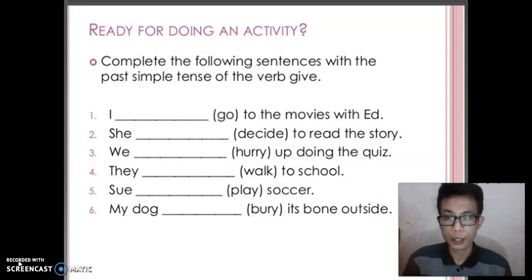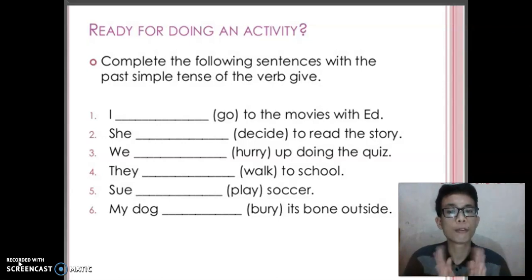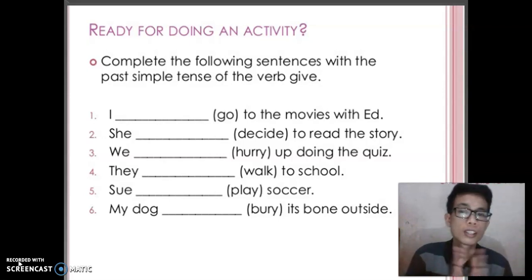So here my dog buried its bone outside. Yay, we finished it. Have you corrected all of the questions after we discussed it? Yeah, congratulations for you guys.